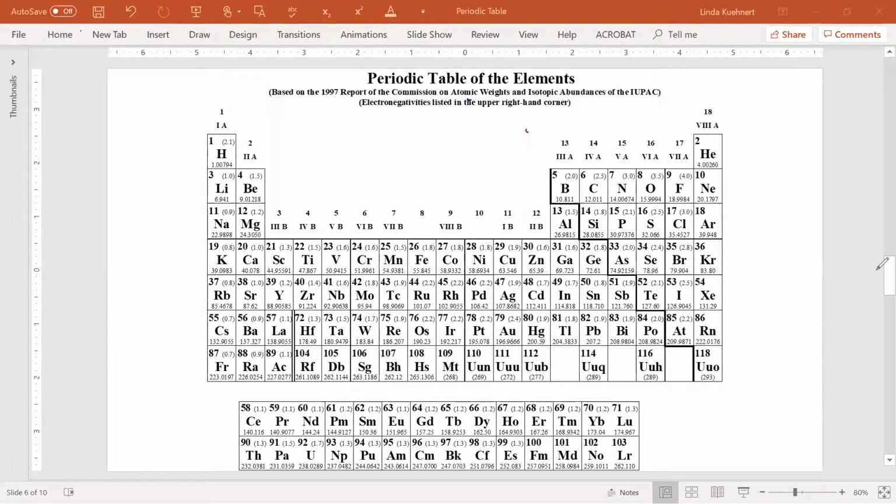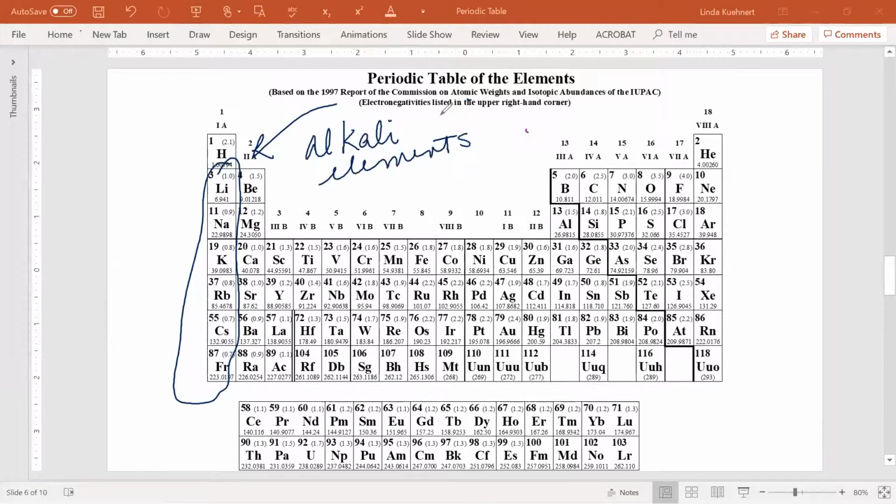So several of these groups or families have special names, and these are called the alkali. Alkali means base elements. We're going to see lithium, sodium, potassium, etc. are all metals. And we have one nonmetal, which is our hydrogen here.